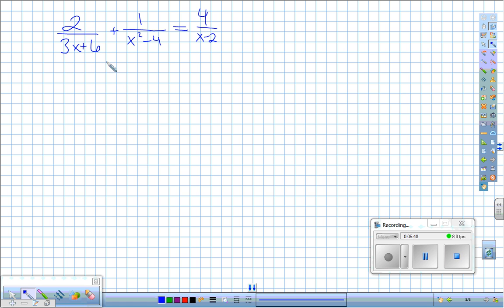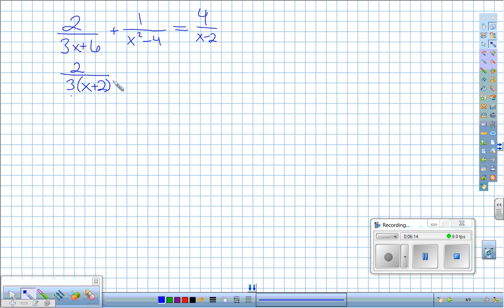But what we're going to have to do is factor things as much as possible. So my numerators will stay the same, so I still have 2. A 3 can come out of both 3x and 6, so I have a 3 out front, not a 2 out front, I'm sorry, over x plus 2.